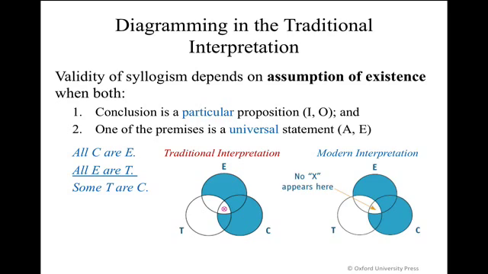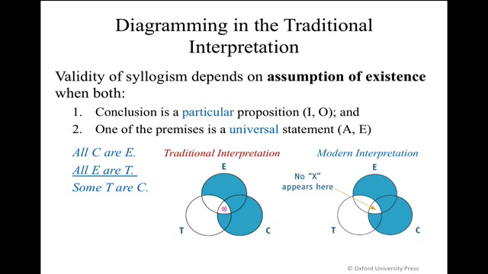On the traditional interpretation, this argument is valid. Why? Because when we diagram the premises and we assume the existence of the member of the subject class, C and E respectively, in our major and minor premises, we have diagrammed the conclusion.